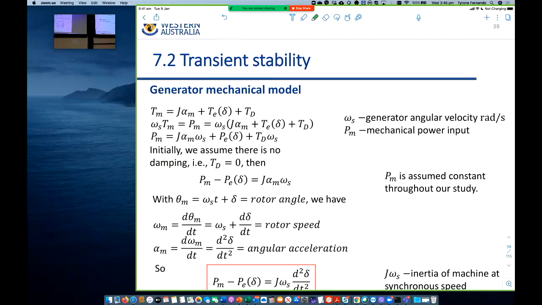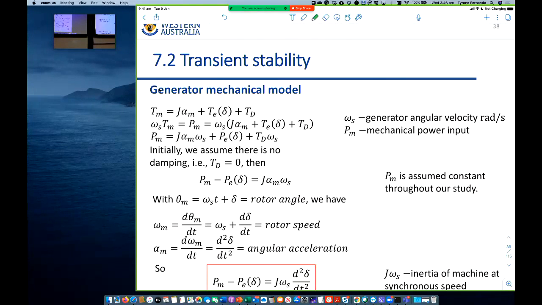So we have that equation, and then initially we assume there is no damping, so we assume TD equals 0. Then the difference in mechanical power and electrical power must equal inertia times angular acceleration times omega s.